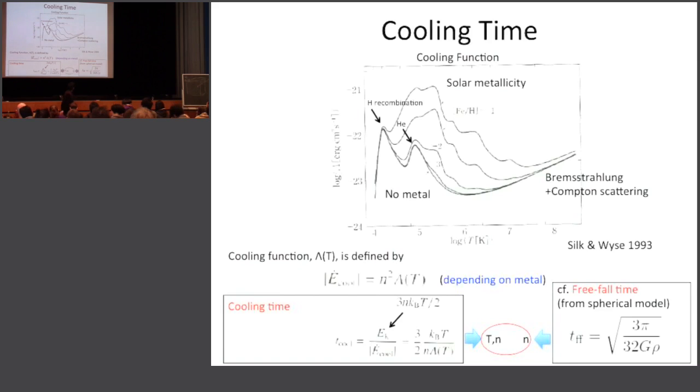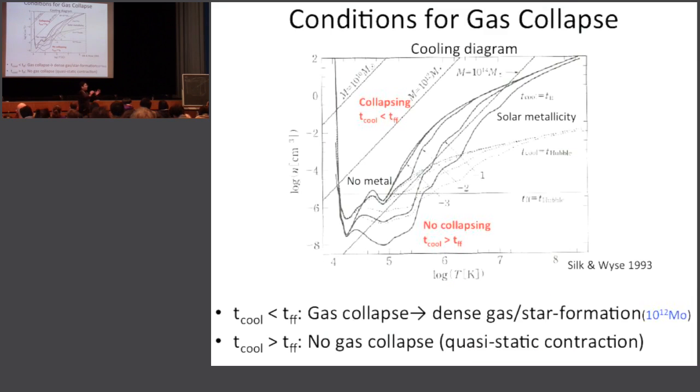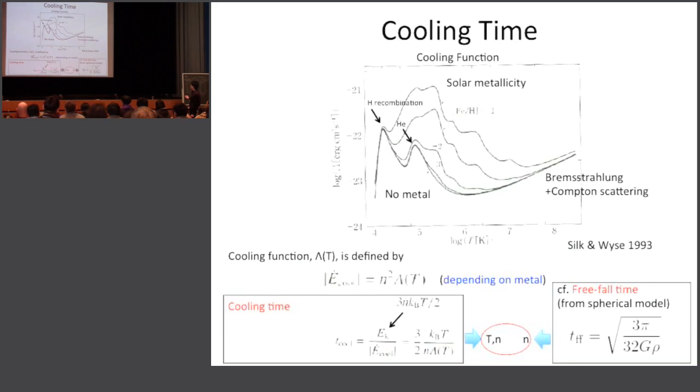So if you plug these two into one diagram, then you get the cooling diagram, which is very famous. The y-axis shows the number density, and this is the virial temperature. And you can correlate these two quantities of the cooling time and the free fall time, okay.